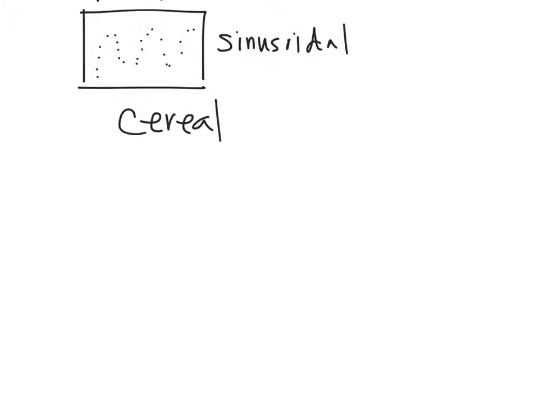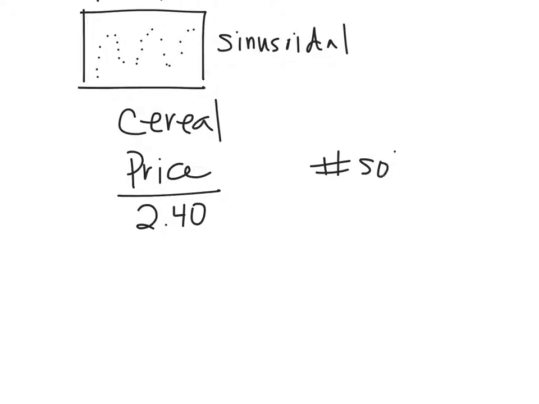Okay. So let's say that cereal is being sold at the store, and the price per box. I don't know if you pay attention to prices of food. You probably don't because your mom or dad probably shop for you and you don't have to worry about such things, but I do. So the box is $2.40, and this is going to be the number sold the week that it cost this.